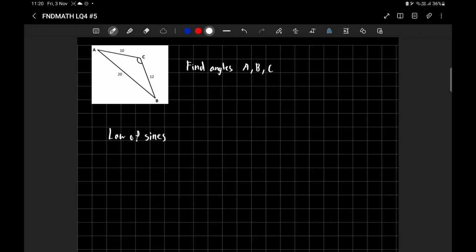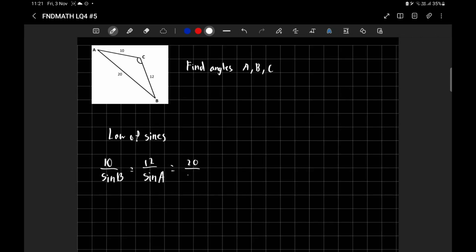states that 10 over sine B is equal to 12 over sine A. Sorry for the mess, I can arrange this in a more sensible manner, but it works. It's just an equation, so I can arrange it in any way I want.